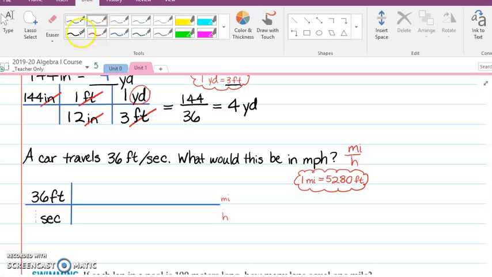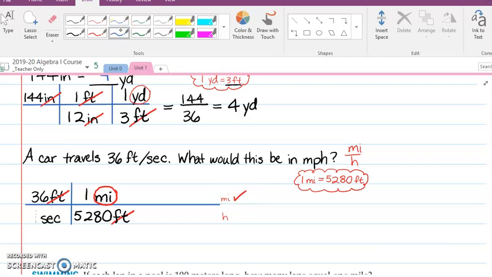So I'm going to put that conversion factor into my chart. I'm going to put the 5,280 feet on the bottom and 1 mile on top. Looking just at the units, the feet cancel and I have miles, which is my goal.